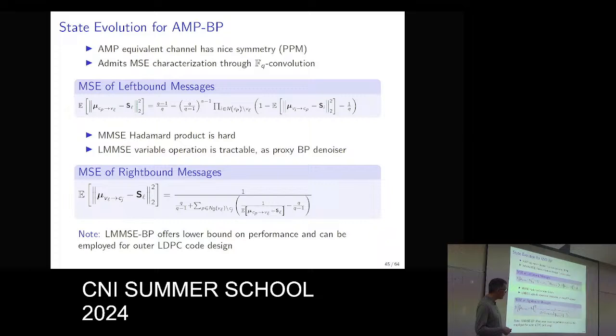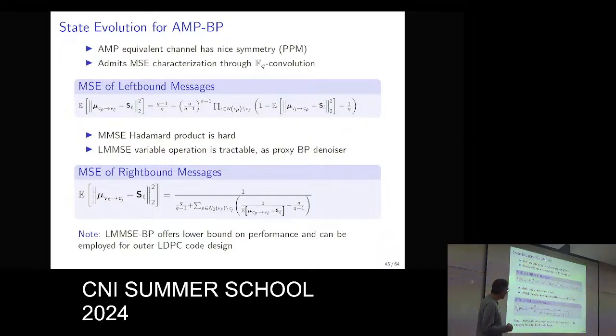Turns out that for belief propagation, it's easier to keep track of the mean square error on one side, but it's not easy to keep track of the mean square error on the other side. So you have to do some kind of MCMC type method to evaluate it, which is possible.